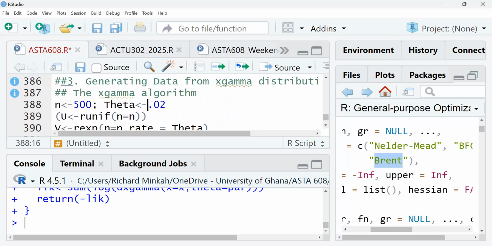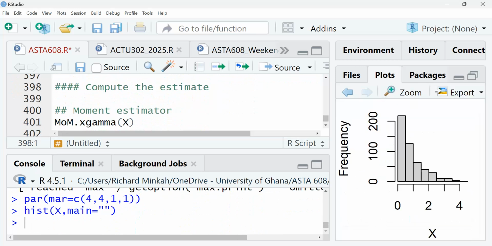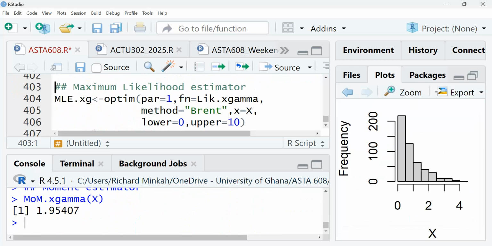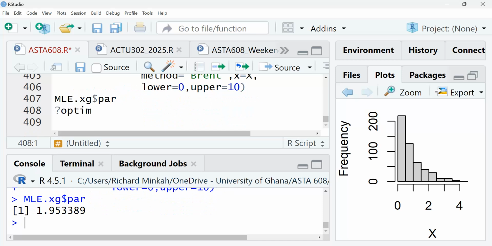So, okay, let me generate. Let's say I have 2. And I have this. Moment is 1.95. Good. So now it's working. Okay. So let's change our parameter to, let's say, 2.